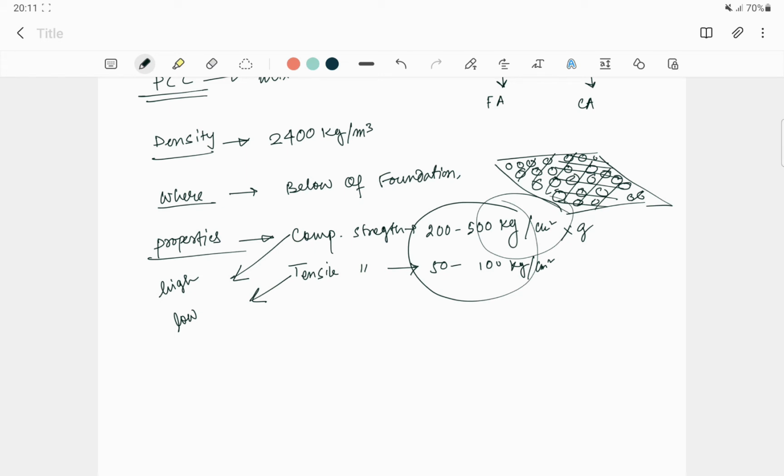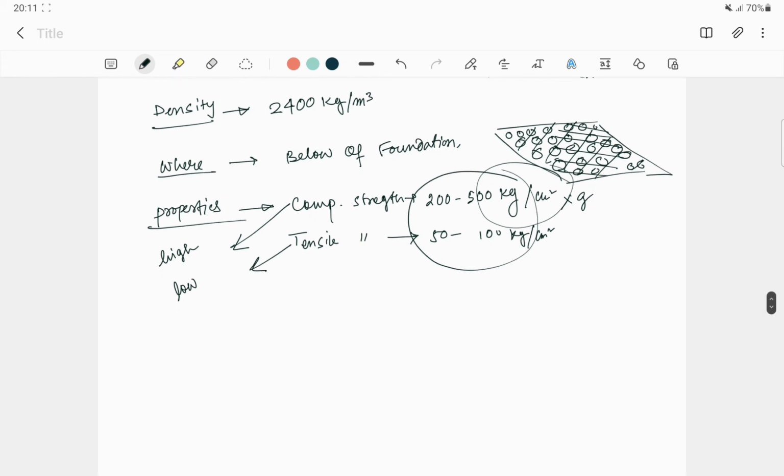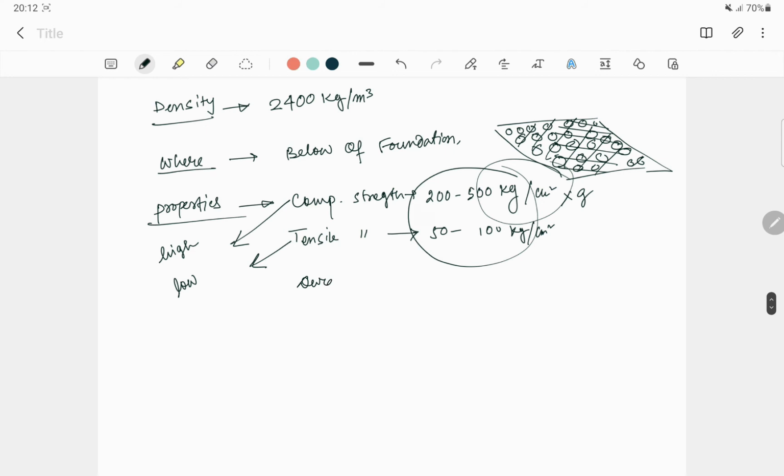Density I already mentioned. And if I talk about the durability, definitely it is durable.